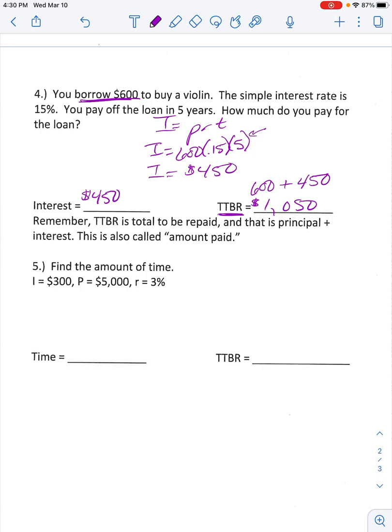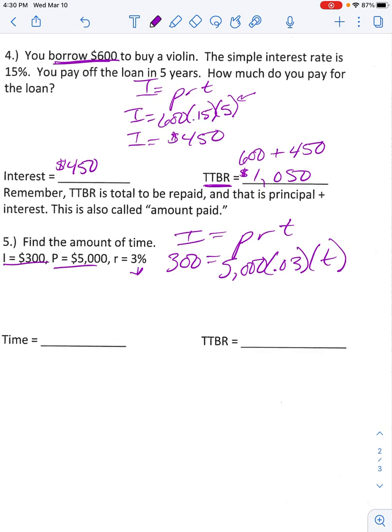Okay, and the last one. Find the amount of time. I equals PRT. It says I is 300. The principal was $5,000. The rate is 3%, 0.03. We're trying to figure out time.